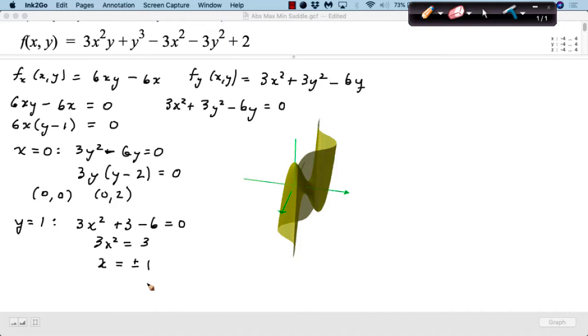All ordered pairs that make both equations equal to 0. What did we just find? 1, 1, and negative 1, 1. Okay, did I lose anybody? Are we in agreement with what our eyes are seeing so far? 4 things, right? We said a local max, a local min, 2 saddles. We got 4 critical points.